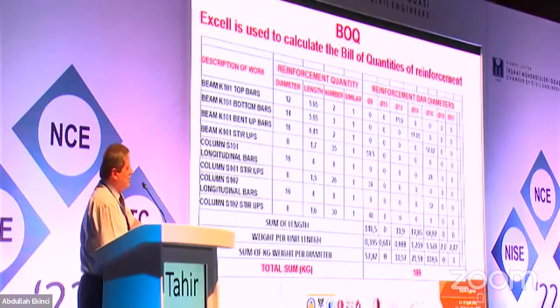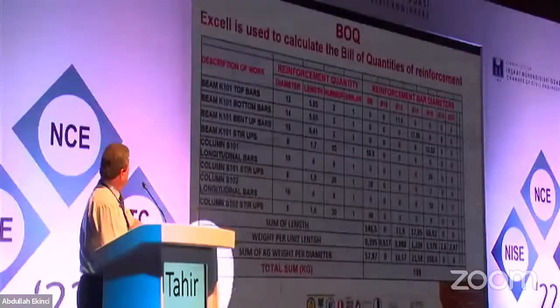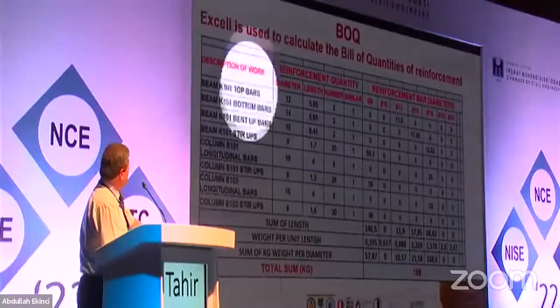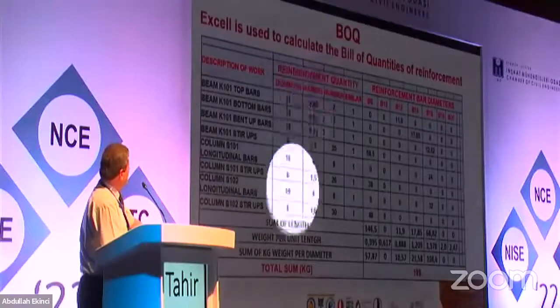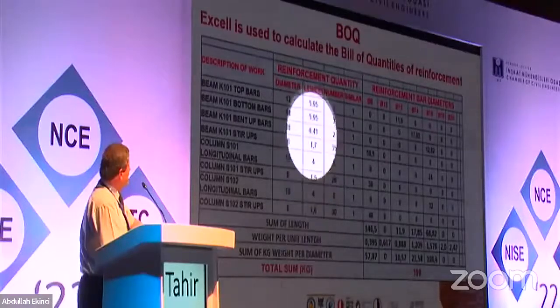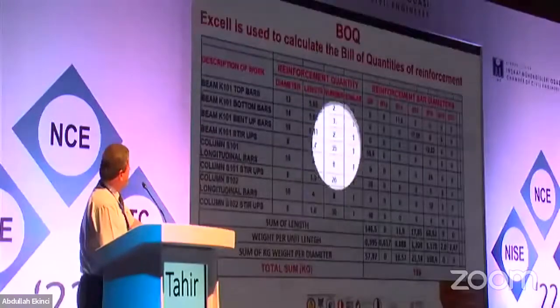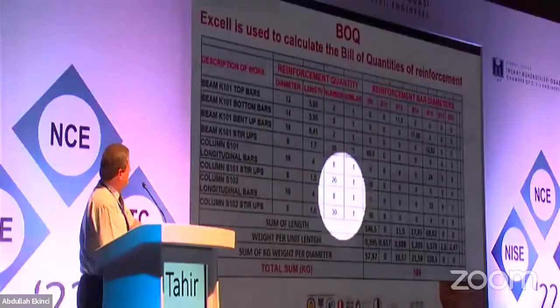Normally, we teach calculation of BOQ by using Excel. So what do we do here? We describe the places for reinforcement, then diameters, then lengths from design. These are the exact lengths specified by the project, and how many of them, and then if there are similar elements.